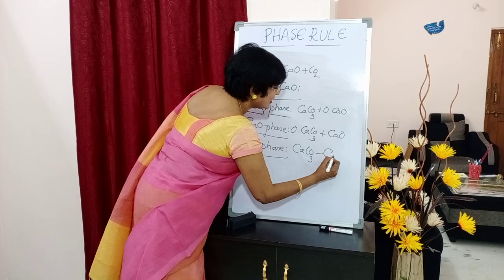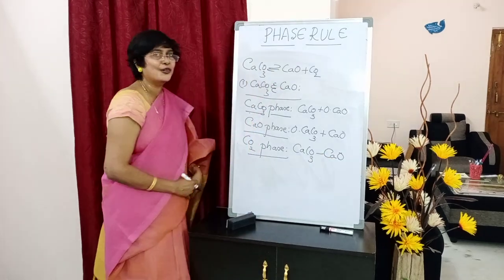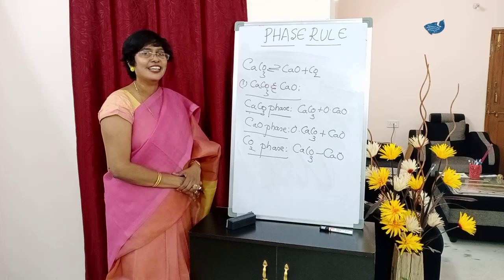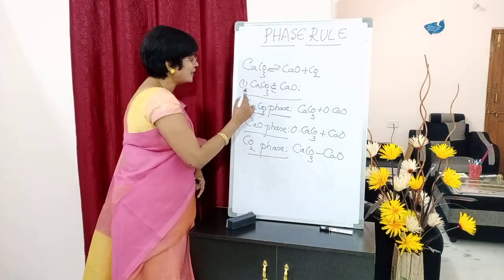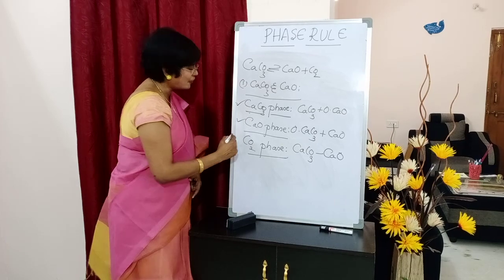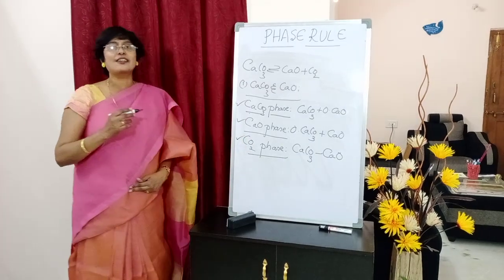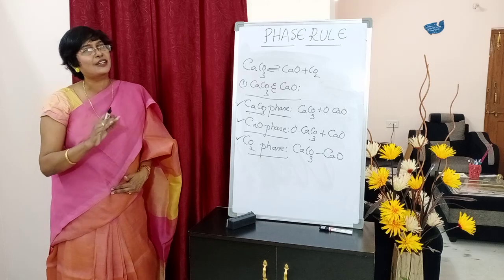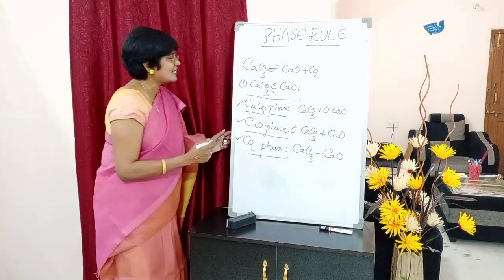CaCO3 minus CaO is equal to what? Carbon dioxide, CO2. Okay. So we explain CaCO3 phase. We explain CaO phase. We explain carbon dioxide phase. How? By taking only two chemicals out of 3. Okay.